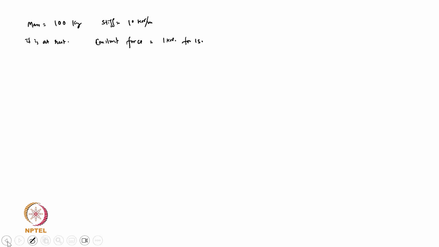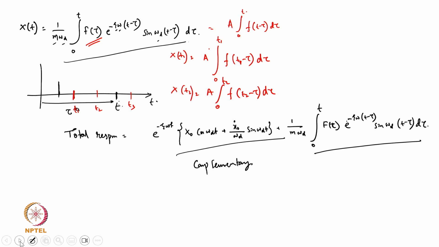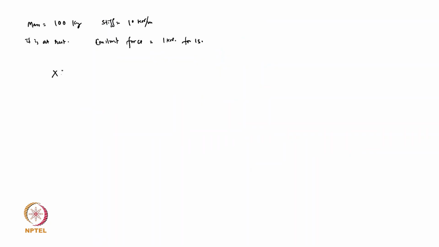So how will things happen? My equation was x of t, which will be equal to, so here x0 equal to 0, x dot 0 is also equal to 0. So that first transient part will no longer be there. Whatever was there, e to the power minus xi omega t into x0 cos omega d t plus x dot 0 by omega sine omega d t, that part will no longer be there, because this is 0, this is 0.